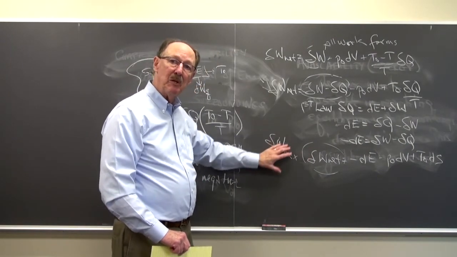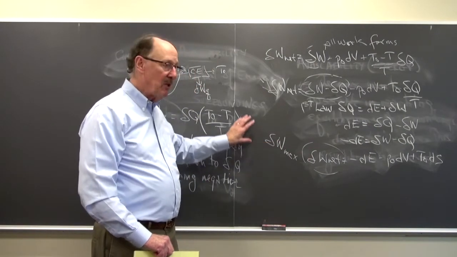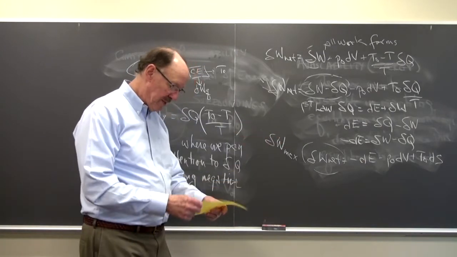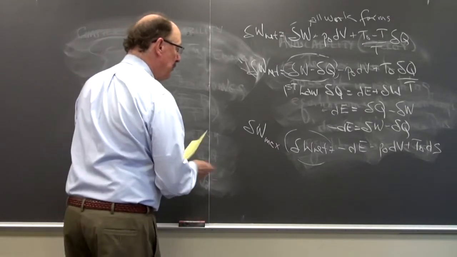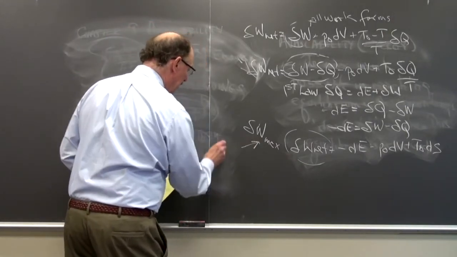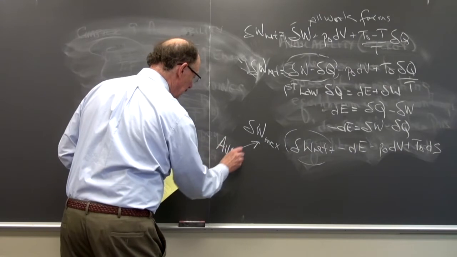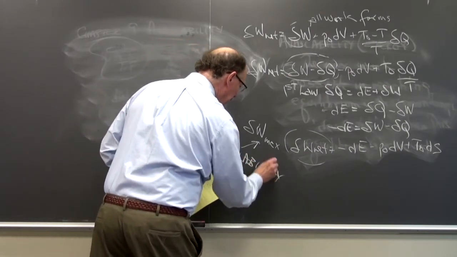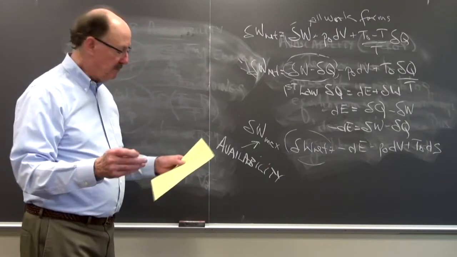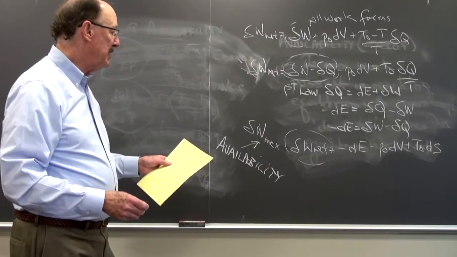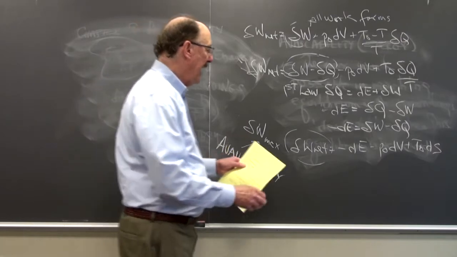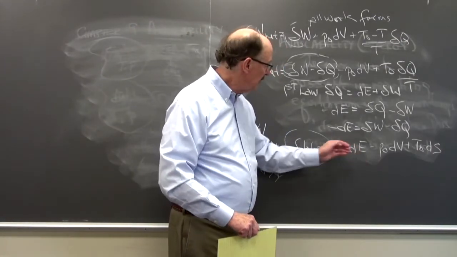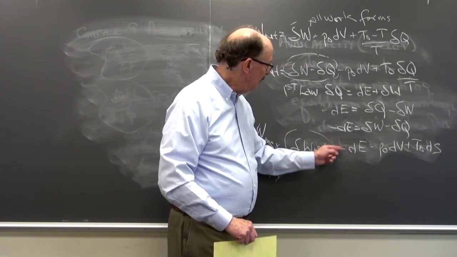This gives us an expression for the availability. So we're talking about the availability of a closed system, and this gives us an expression for that. So this del W max becomes our availability. We'll clean this up in just a little bit, but notice that as dE goes down, so if dE were minus, I have a minus, a plus.